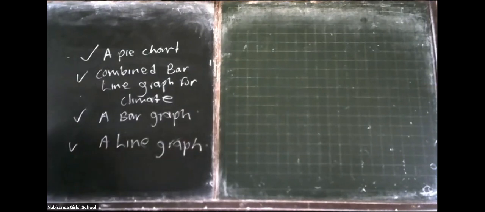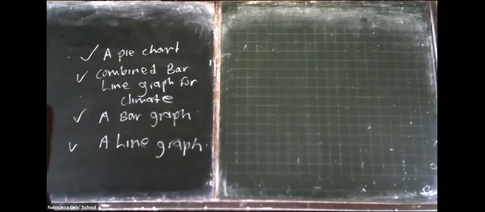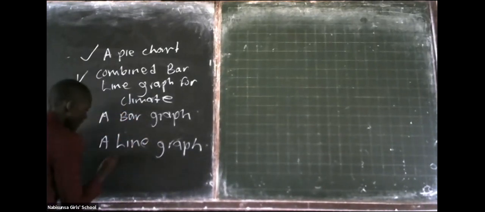Also for human geography. When I talk about human geography, what comes into your mind? Anyone who can help us? When I say a line graph, when I say human geography, what comes into your mind?